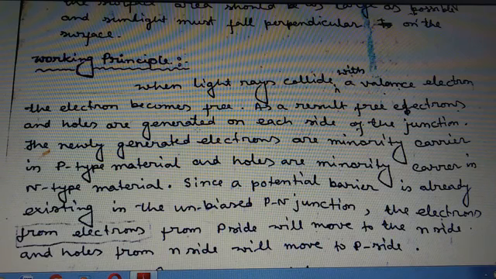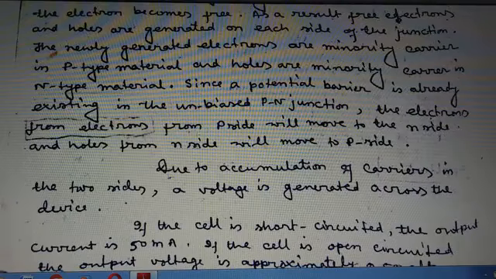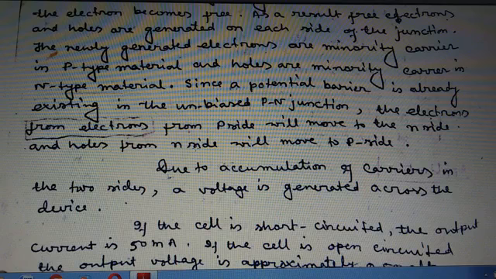Due to accumulation of carriers on the two sides, a voltage is generated across the device. If the cell is short circuited, the output current is 50 milliampere, and if the cell is open circuited, the output voltage is approximately 0.55 volt for a particular standard solar cell.